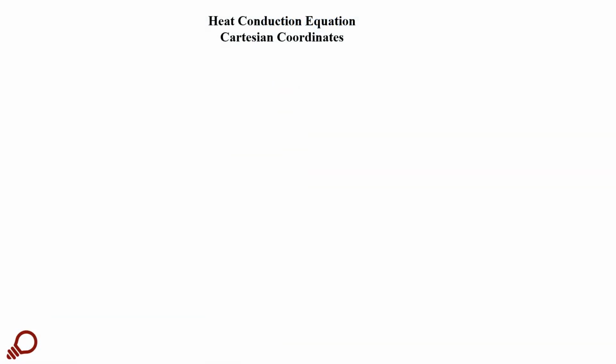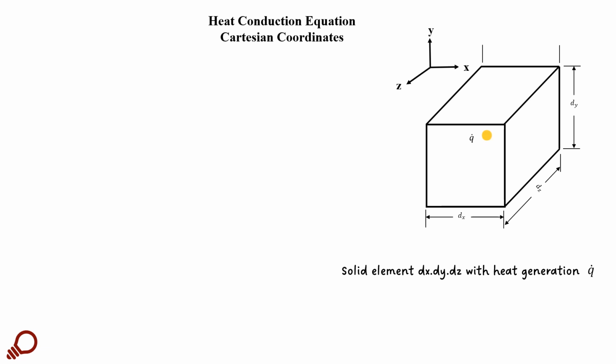Conduction equation in Cartesian coordinates, where energy is generated per unit volume of the domain. The element discussed previously is a three-dimensional dx by dy by dz, exposed to heat transfer in the three directions x, y, and z.